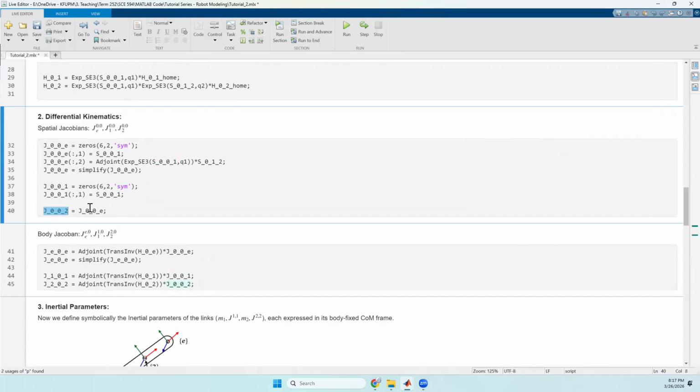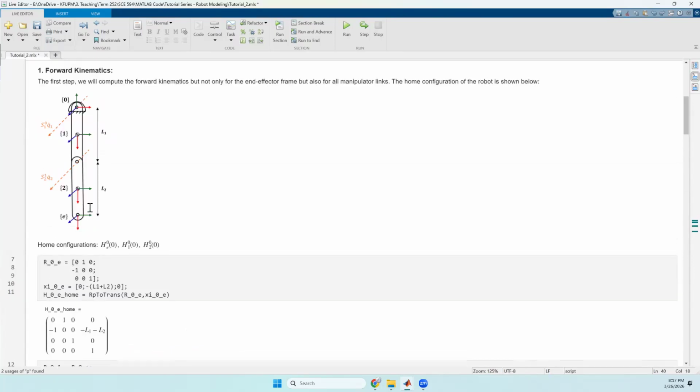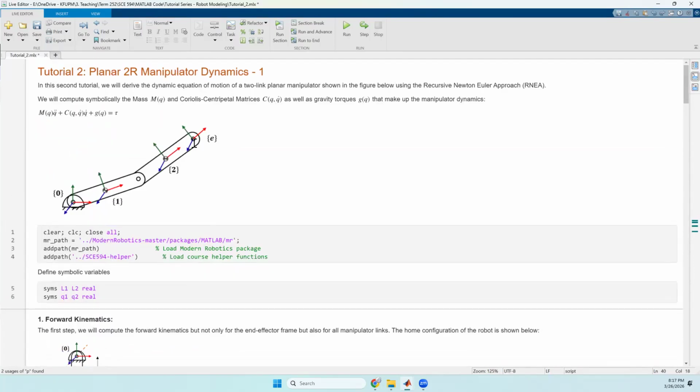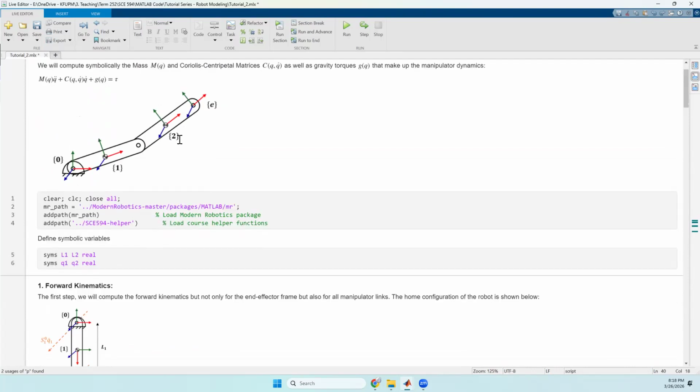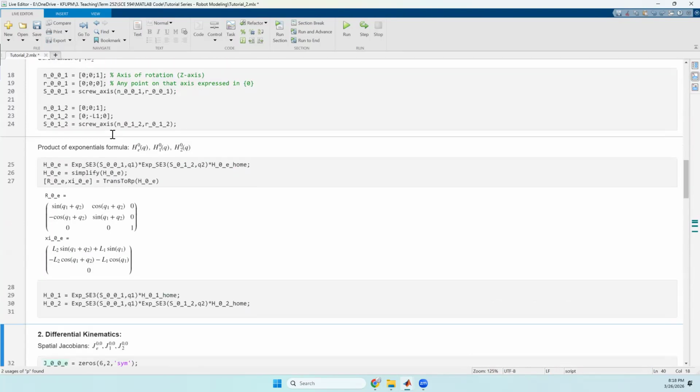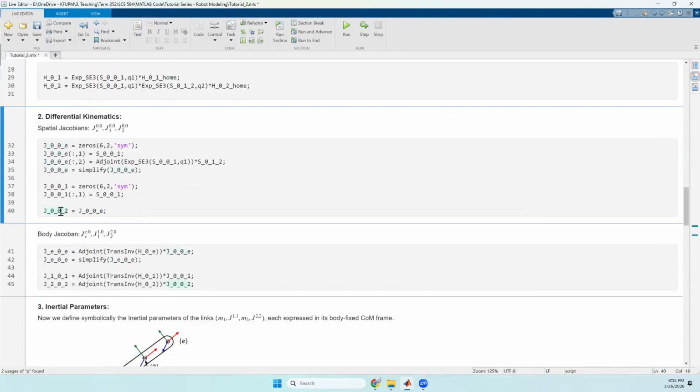And since frame 2 and frame E are both body fixed to the same link, as this link moves they change with the same velocity, with the same twist. In the end, they have the same Jacobian. So that's the intuition behind why J2 with respect to 0 expressed in 0 is the same as E with respect to 0 expressed in 0.